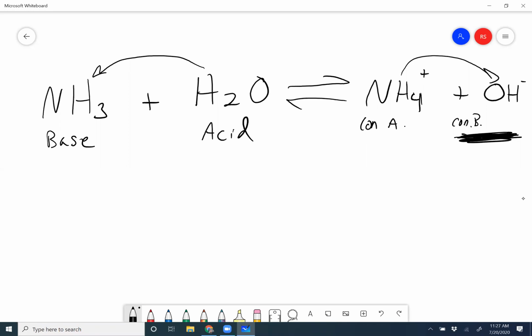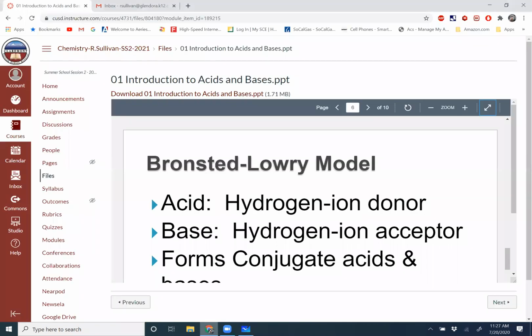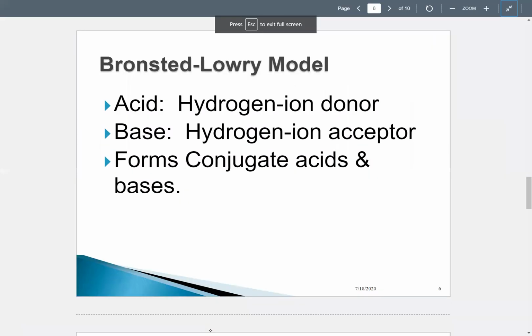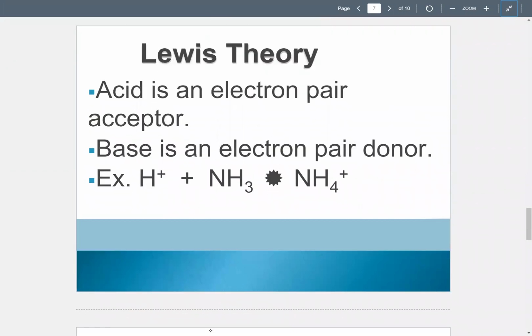So Bronsted-Lowry's definition is kind of all you really need to describe acids and bases. It describes like 99% of acids and bases. But in organic chemistry, we also have some substances that will behave like acids and bases, and they may not even have hydrogen.